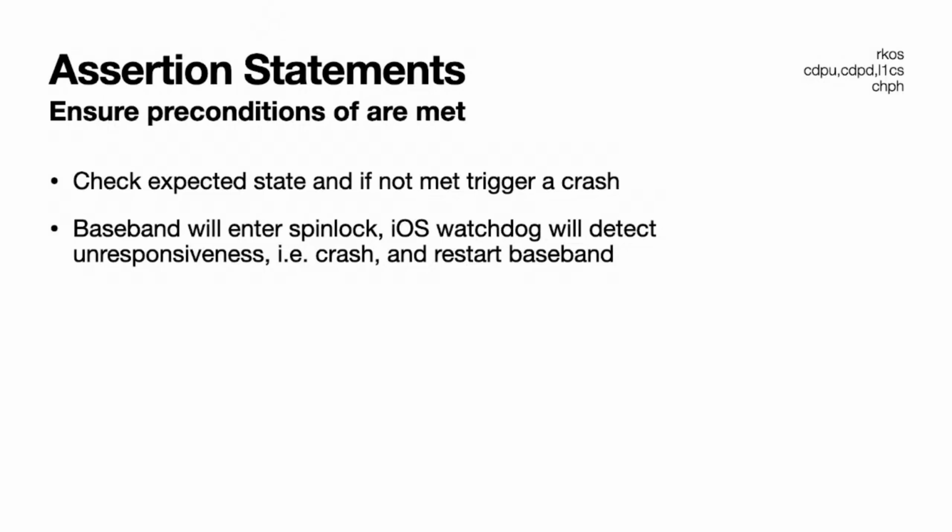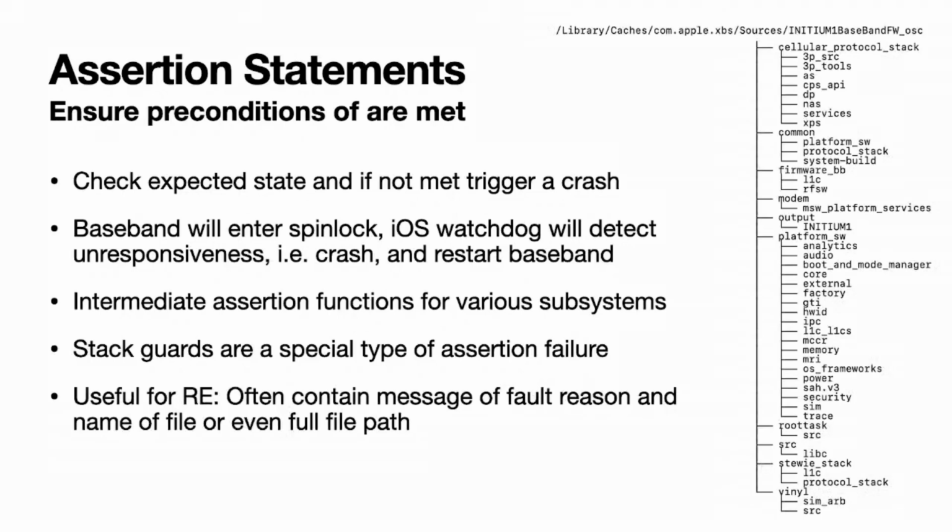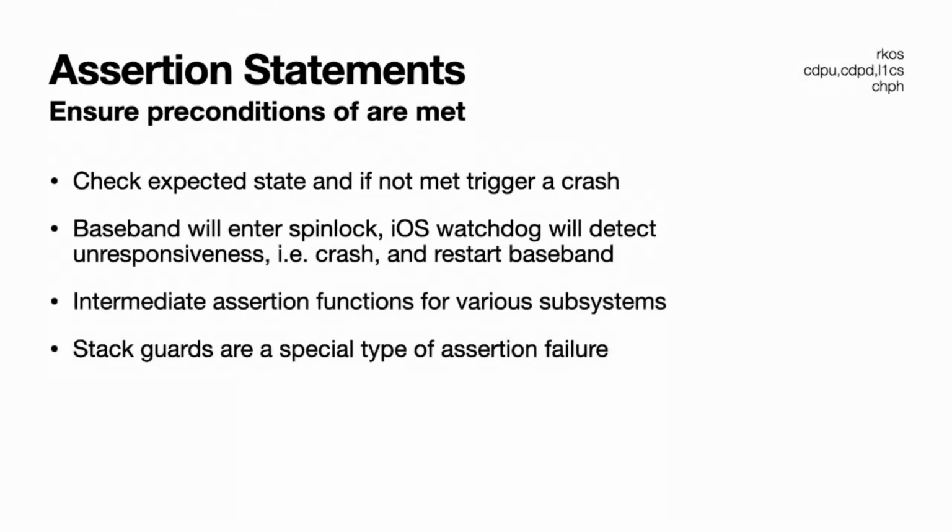The firmware, when crashing, enters a spin lock. iOS's watchdog will detect this kind of spin lock and then restart the baseband. There are also many intermediate assertion functions used by various subsystems, so quite a number of them. And you can also see stack guards. They are basically just a special kind of assertion failure.